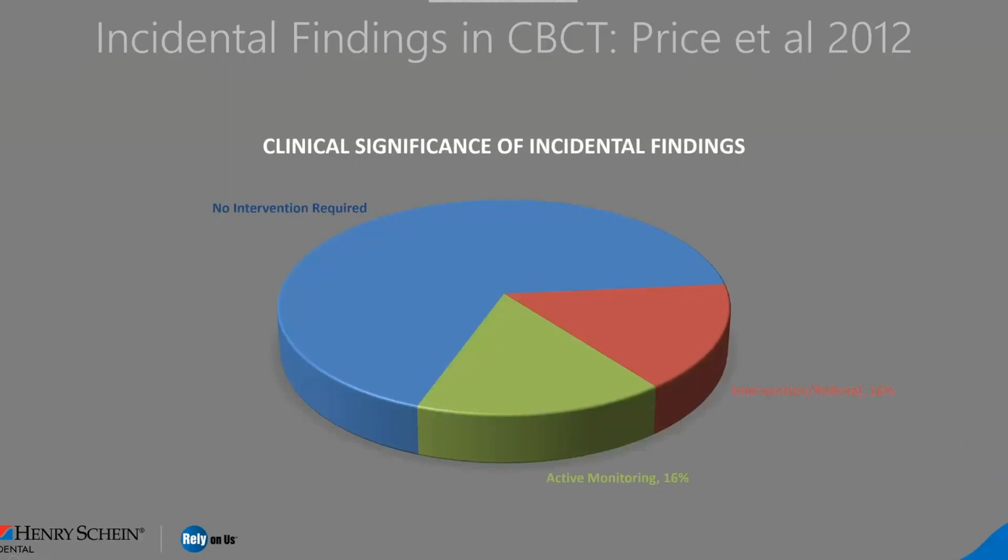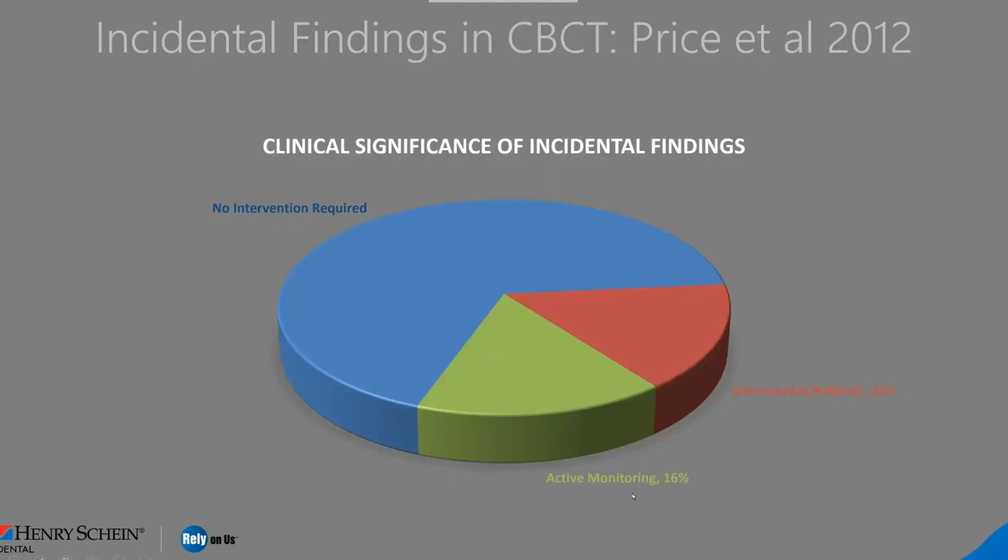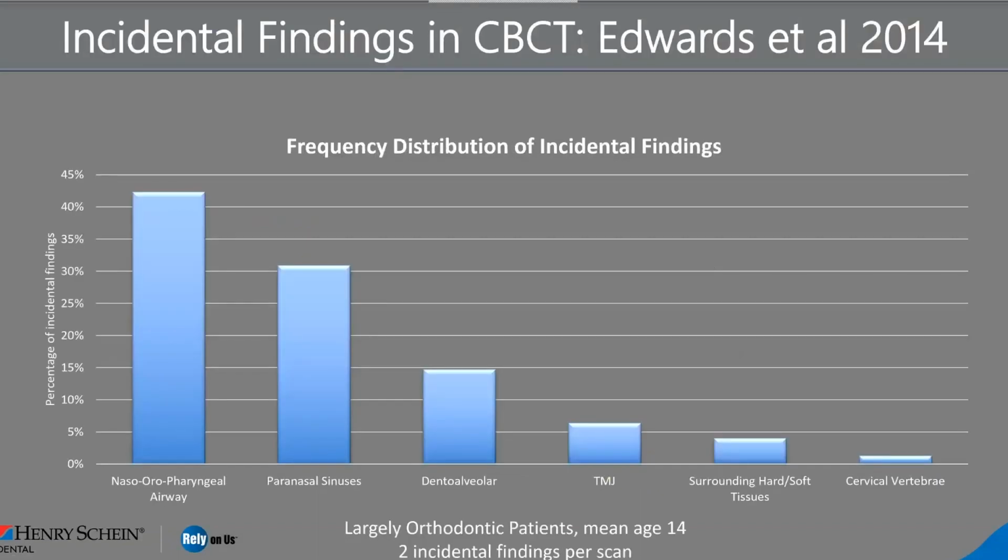What did they do with these? Well, they found that when they had this type of incidental finding, the majority you didn't need to do anything with. About 16% some type of referral or intervention, and another 16% active monitoring, meaning you re-imaged the patient in a certain amount of time and decided if there was a growth potential that would let you know that there was some type of pathology.